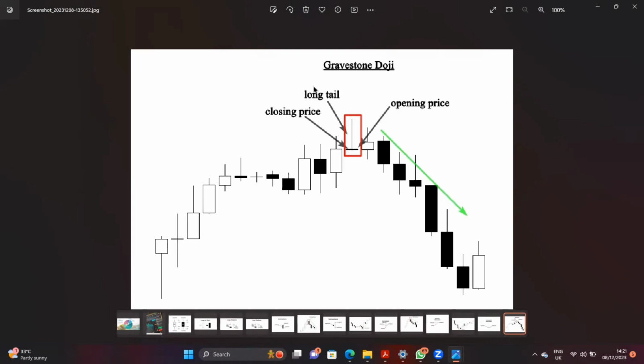And what happened next is a reversal, right? Price was coming up in this direction, and immediately a gravestone doji was formed. Look at that. Price dropped all the way down.